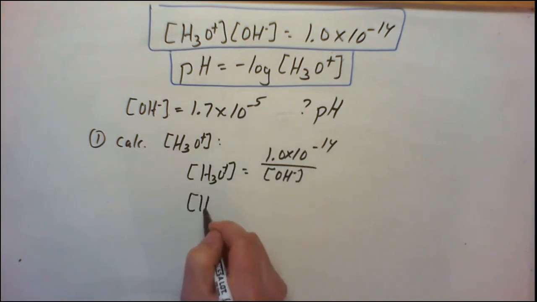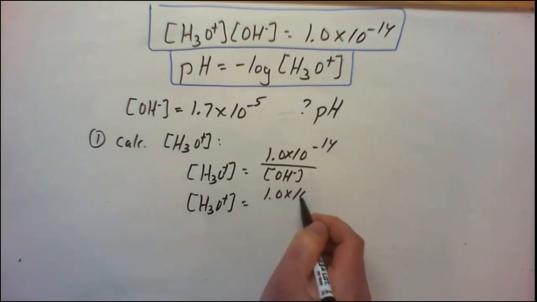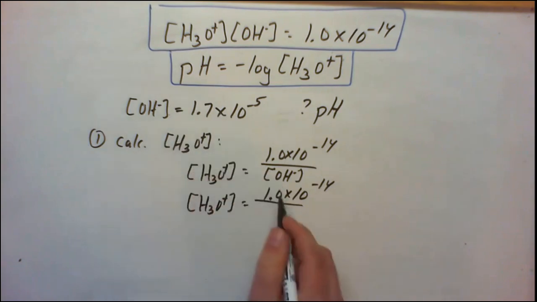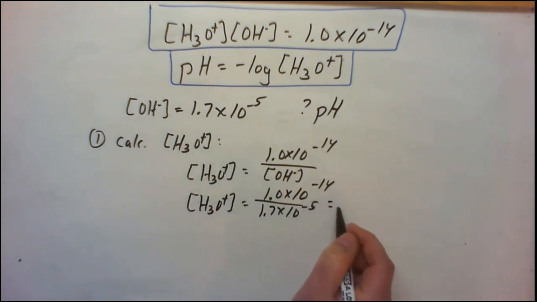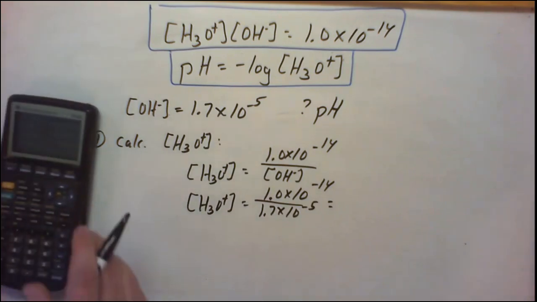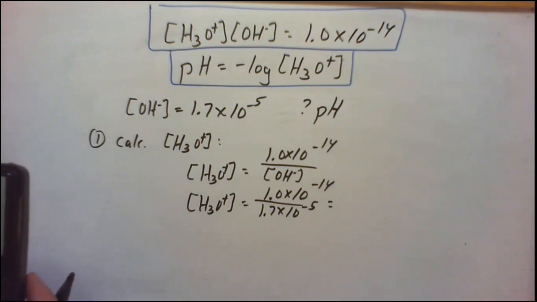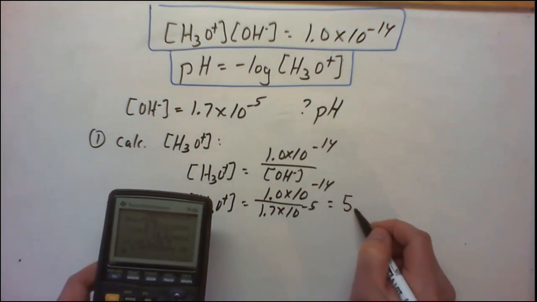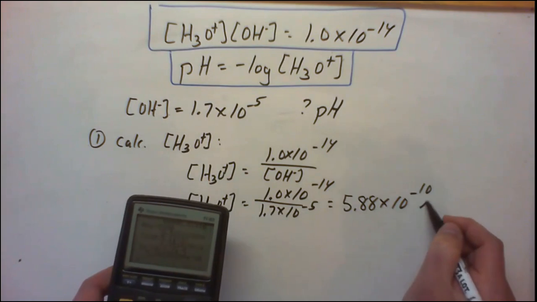So that is 1 times 10 to the minus 14 divided by the given hydroxide concentration of 1.7 times 10 to the minus 5. This is identical to where we finished our lesson last time. That gives us a hydronium concentration of about 5.88 times 10 to the minus 10 molar.